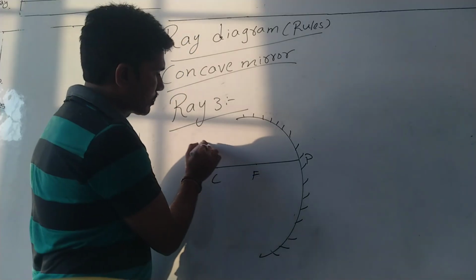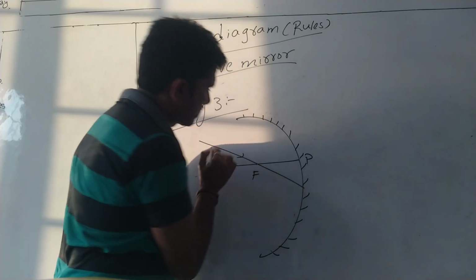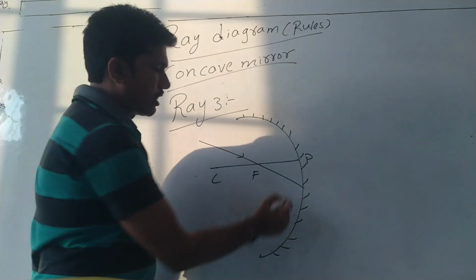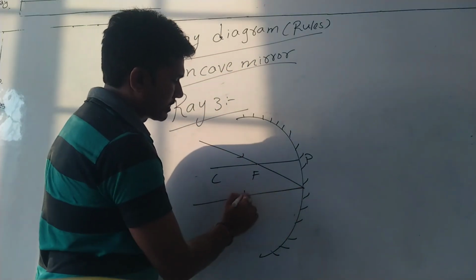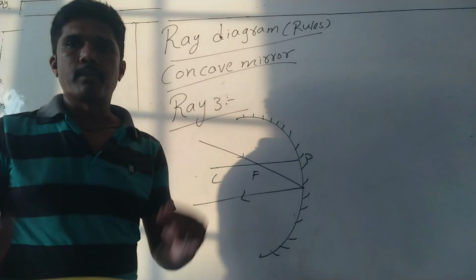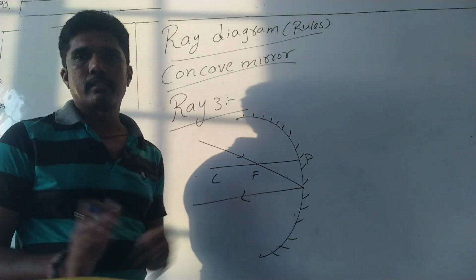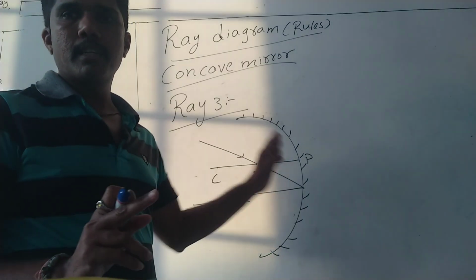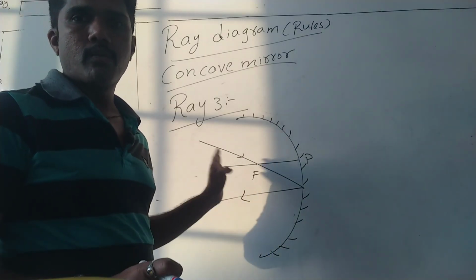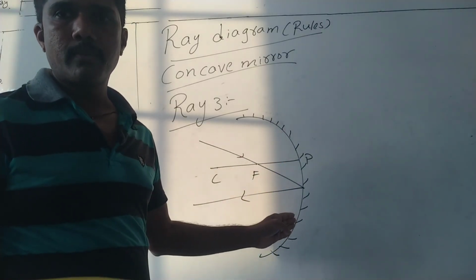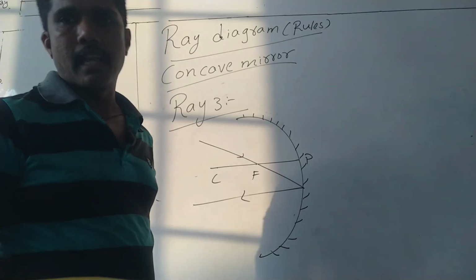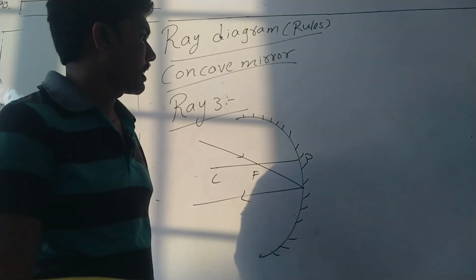When the ray passes through the focus, we draw one line parallel to the principal axis. Parallel means it will pass through the focus, and passing through the focus means parallel to the principal axis. Clear?